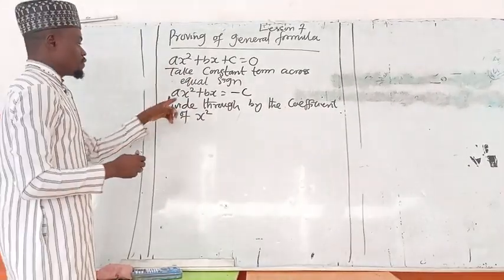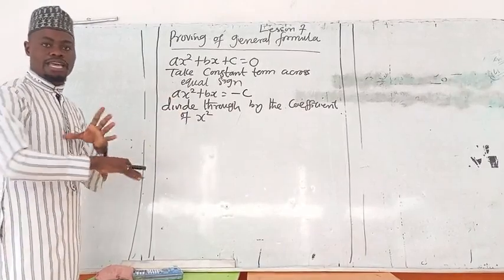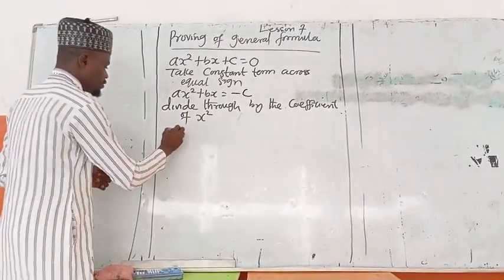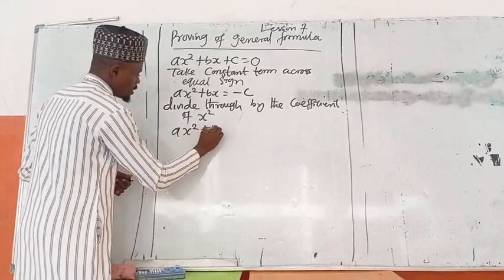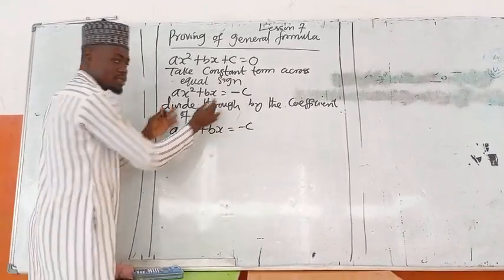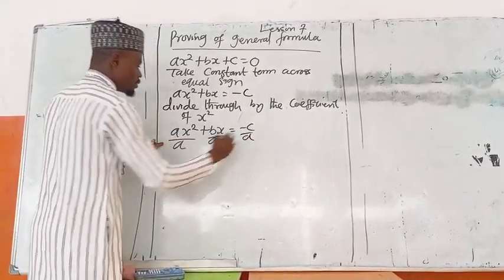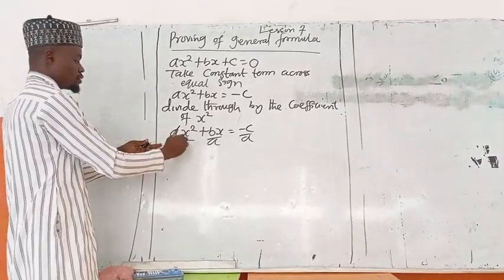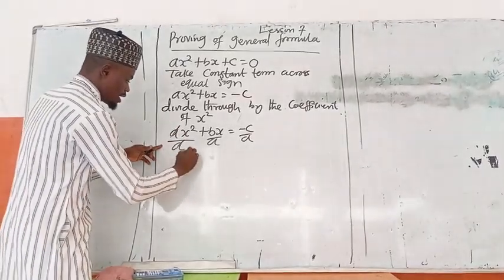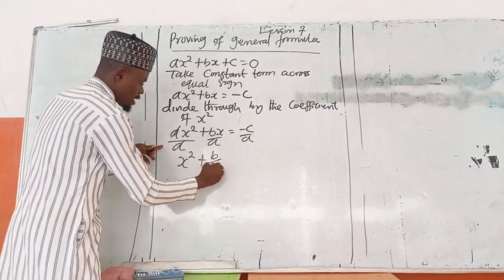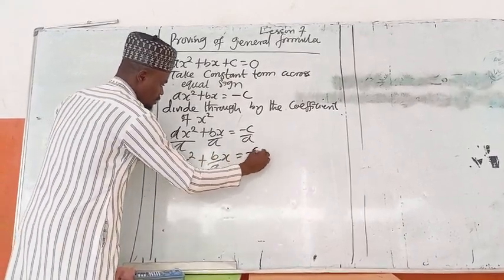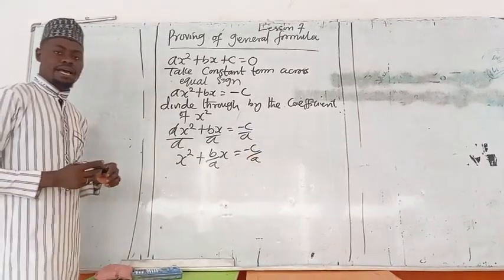If you look at it, the coefficient of x squared here is a, which means I will divide everything by a. We have ax squared plus bx is equal to minus c. Just repeat what I had before, and I'll divide each one by a. If I do this, the a will cancel a. We are now left with x squared plus b over a x is equal to minus c over a. This is what I have.